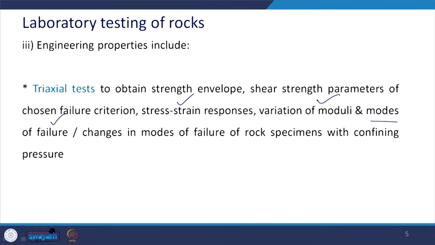Like if we test a specimen at the low confining pressure, or if we test it at the high confining pressure, there is going to be a change in the mode of failure. So, this triaxial test gives me the idea about all these parameters.